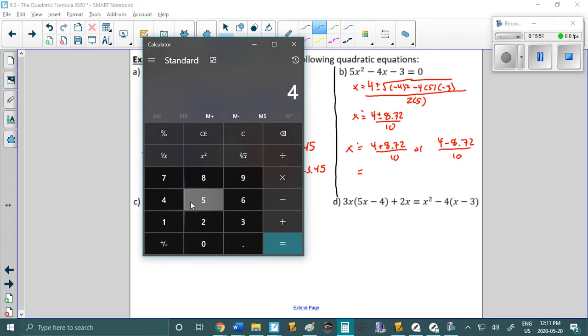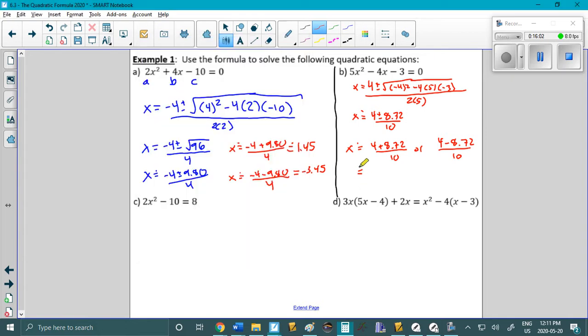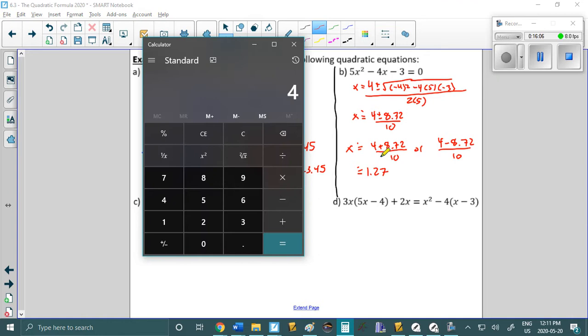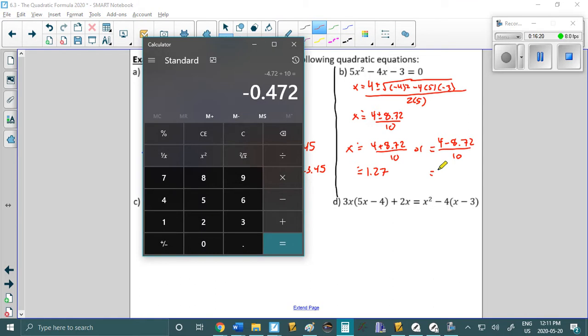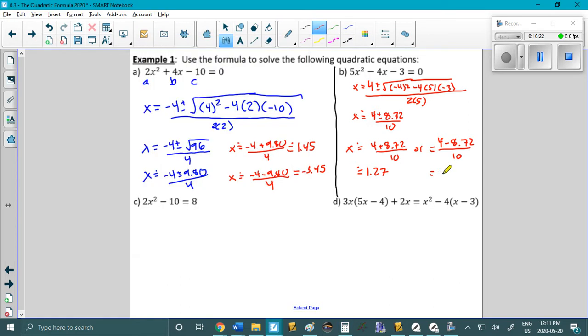So 4 plus 8.72 divided by 10 should be approximately 1.27. And 4 minus 8.72 divided by 10 is negative 0.47.